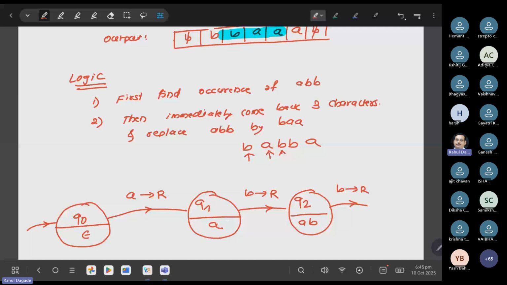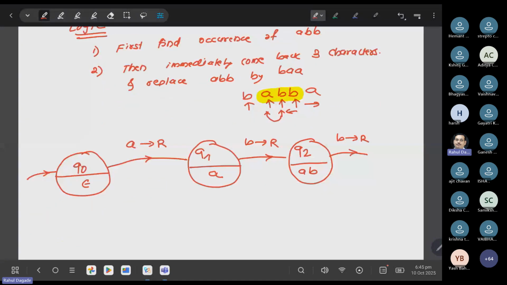So now you have seen that you got ABB substring. So then after this, don't go ahead, go back. So go back here, again here, and then replace it by BAA.